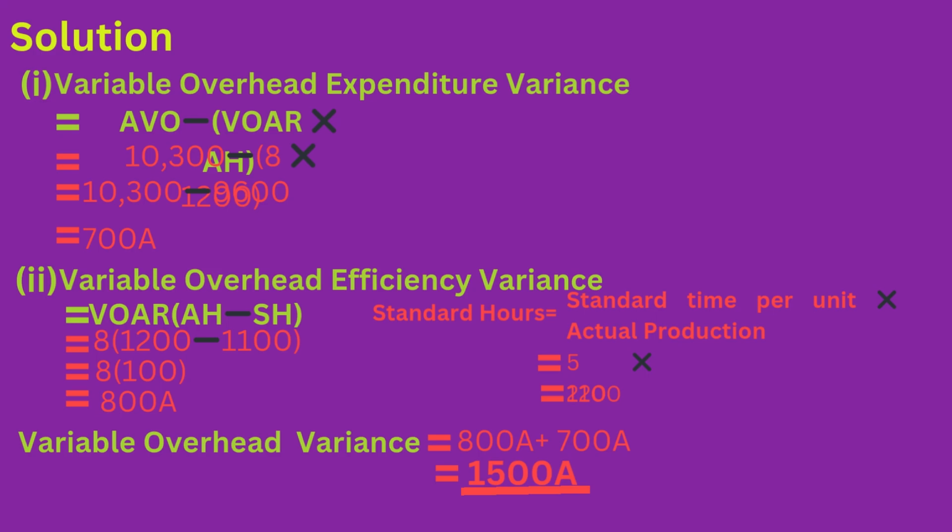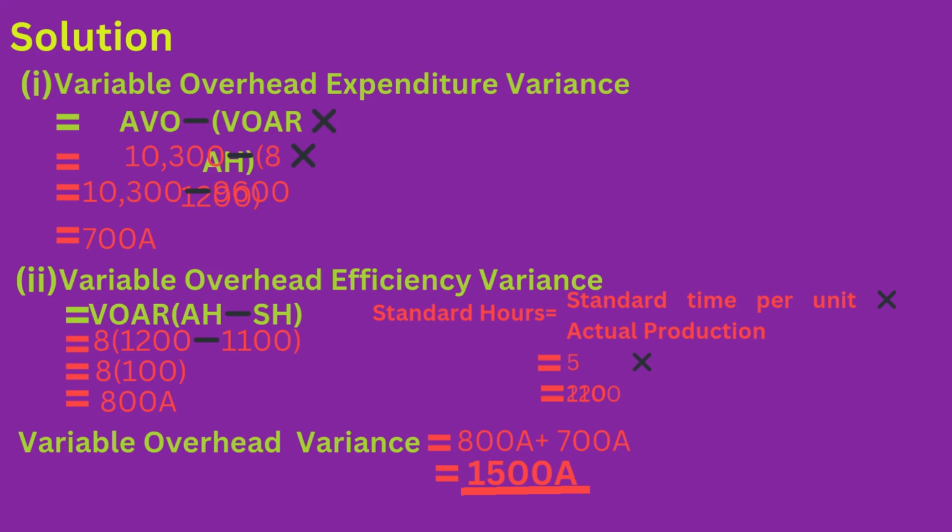Our second one is the variable overhead efficiency variance, which is given by variable overhead absorption rate into actual hours minus standard hours. Our variable overhead absorption rate is 8, which is 8 into actual hours. We have 1200 hours.